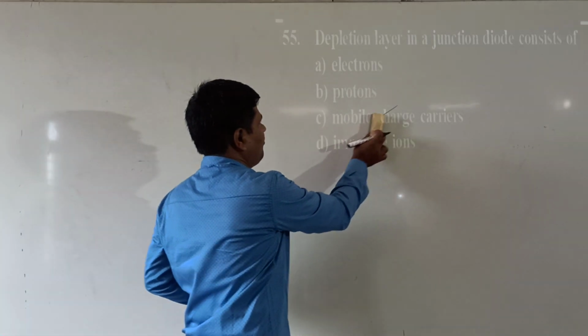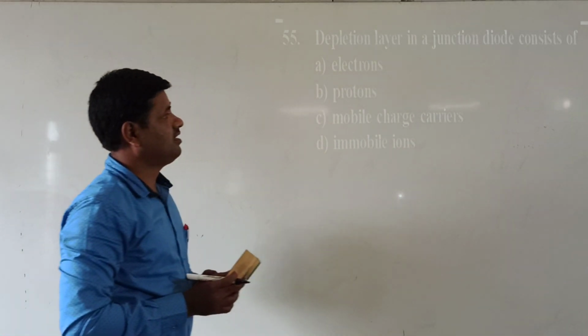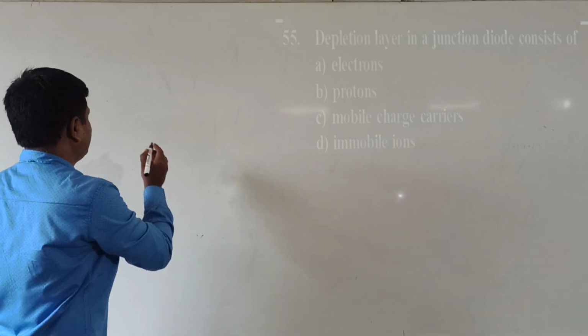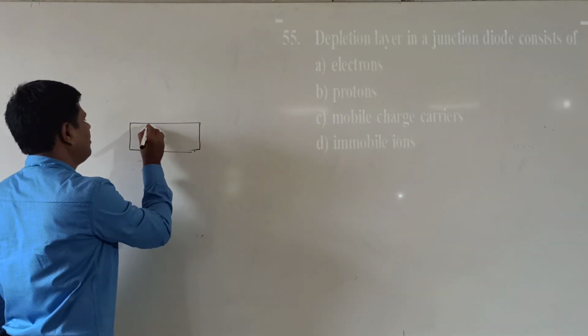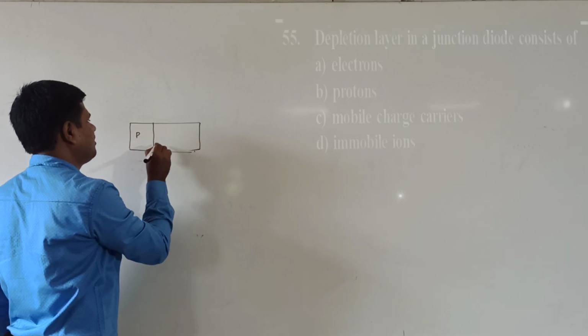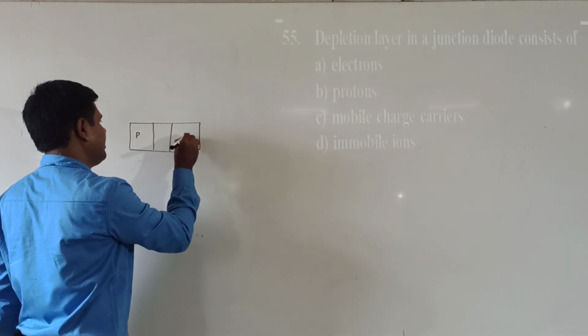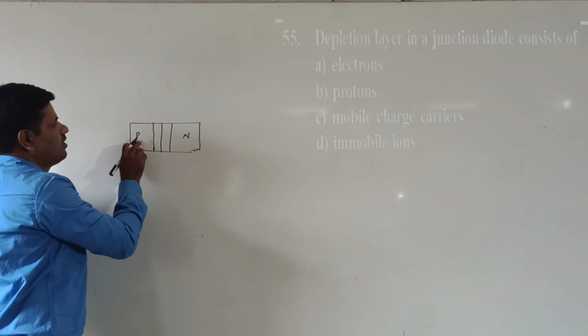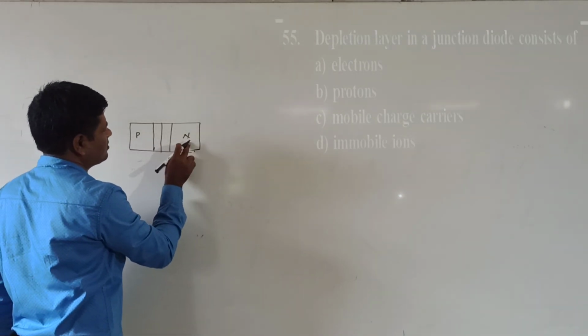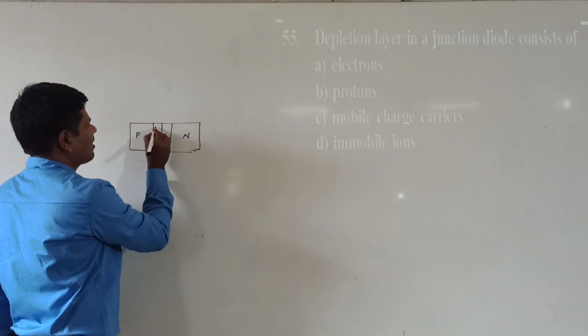In question number 55, a depletion layer in a junction diode consists of what? The depletion layer in the junction: this is a p-type semiconductor, this is an n-type semiconductor. Across the junction, holes move from p-type to n-type, and electrons move from n-type to p-type. This leaves negative ions on the p side and positive ions on the n side across the junction.